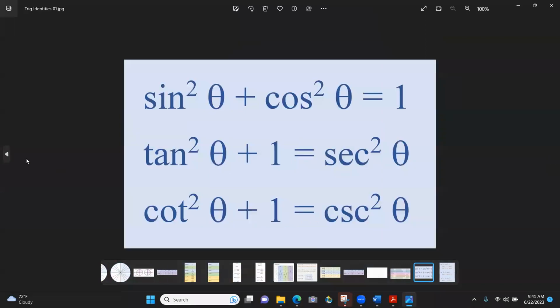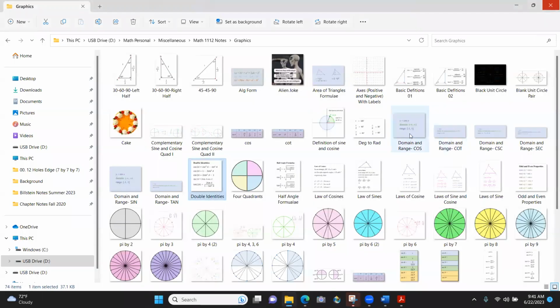Oh, right here. Awesome, guys. So this is, we call it trig identities. These are the trig identities.